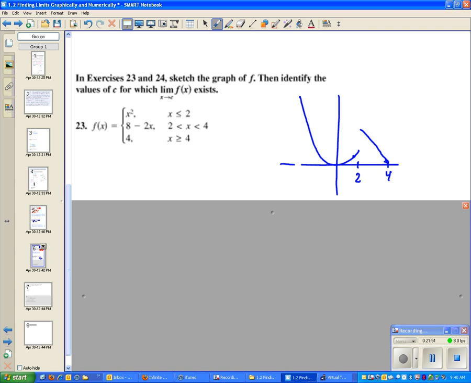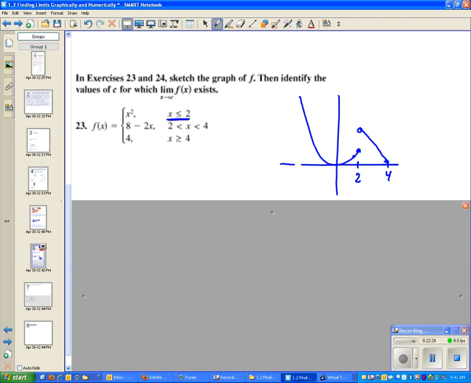All right. Now, in the book, you always see these closed circles and open circles. At x equals 2, what does y equal? When x equals 2, what does y equal? 4. Because that's the part of the function where x equals 2. So I need to put a closed circle here, open circle here.